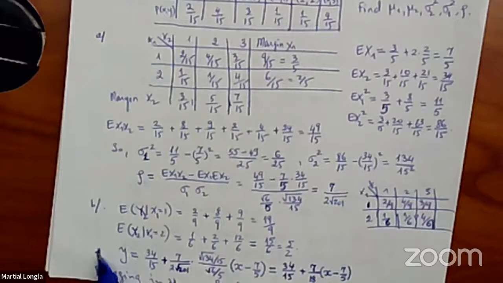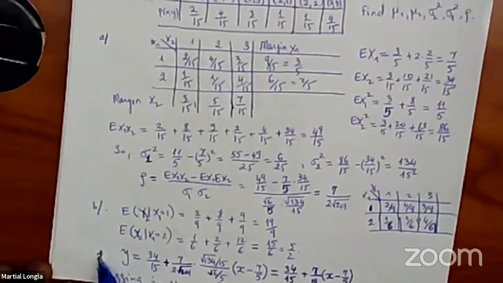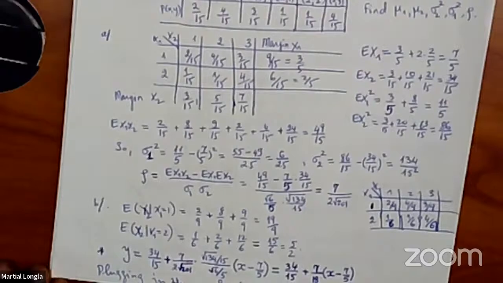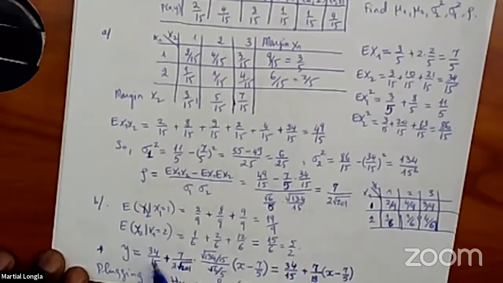Then the next part was to write the equation of the line of the expected values: y equals mu2 plus rho sigma 2 over sigma 1 times (x minus mu1). When I do this and I don't use a calculator, things simplify down to this.